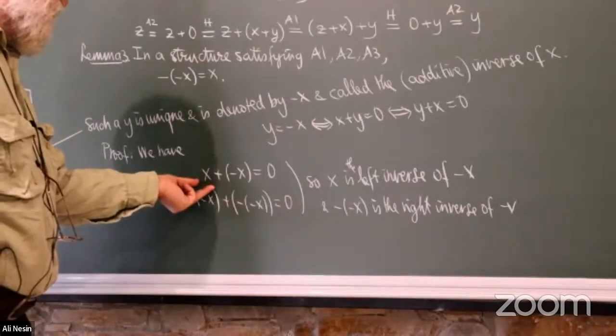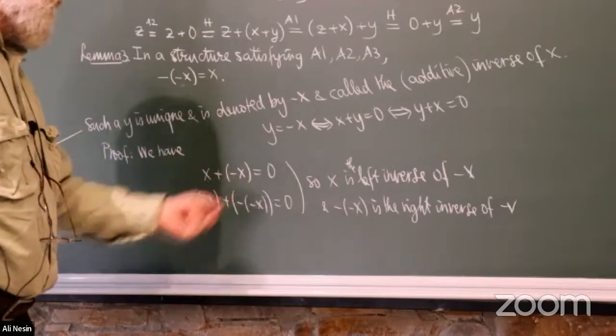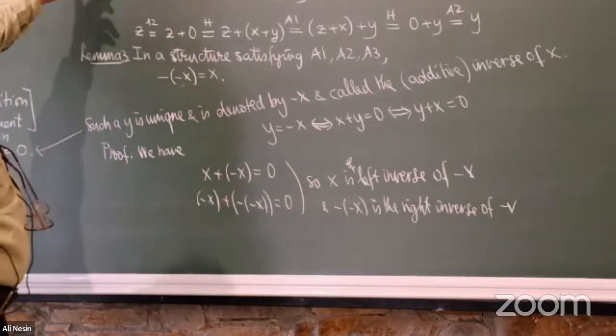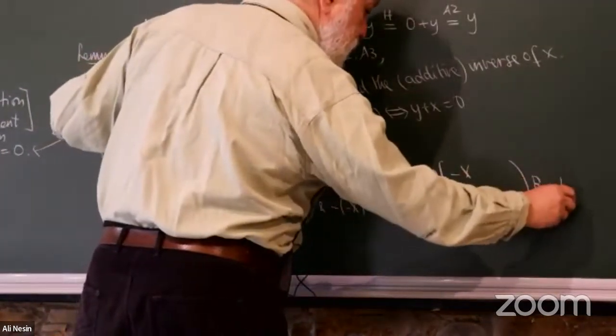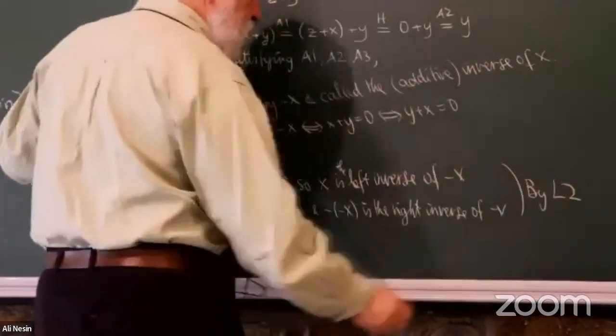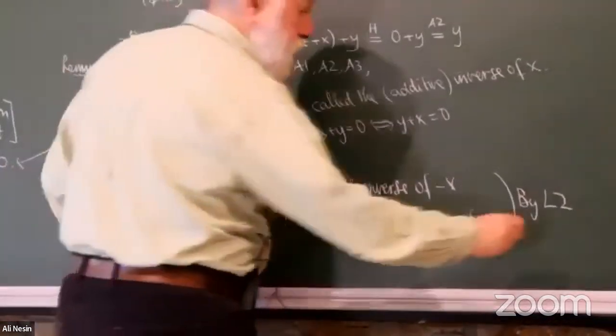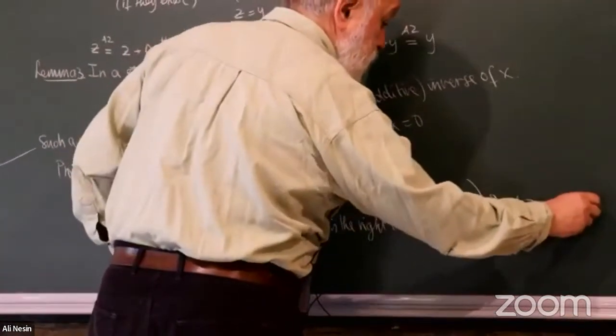You add X to the left of minus X, you get 0. But by lemma 2, they're equal. X is equal to minus minus X.